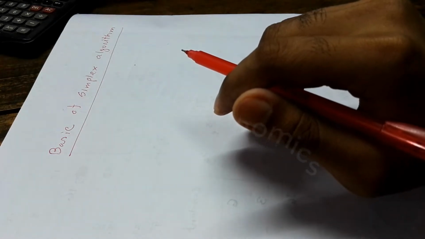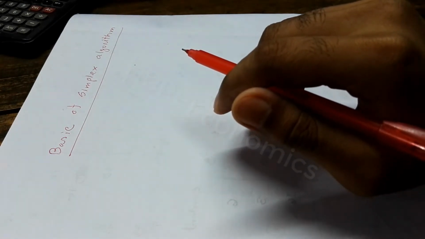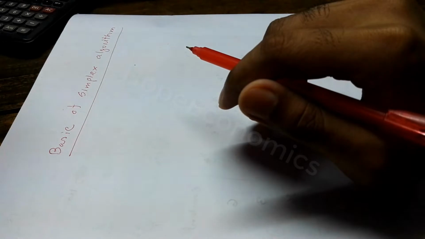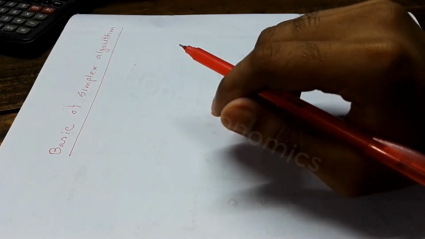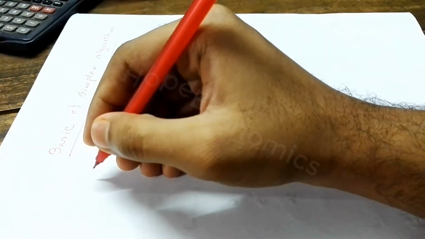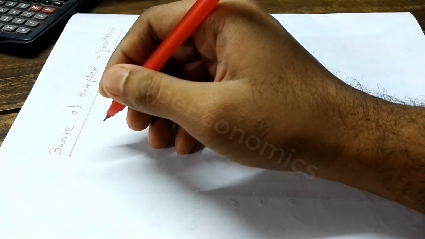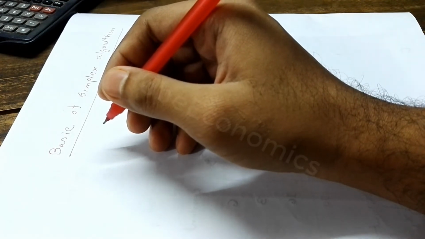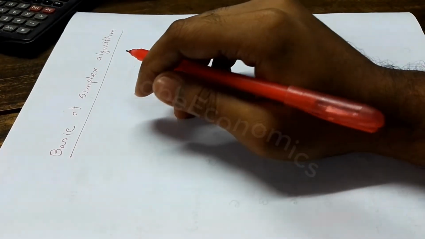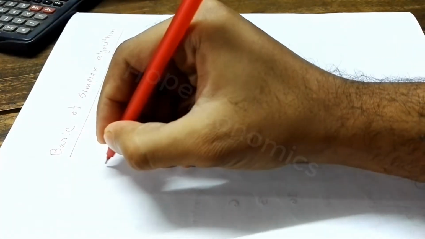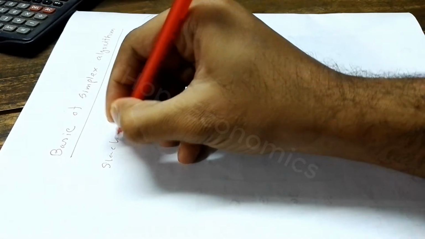The two variables we need to know are the surplus variable and the slack variable, and what these actually mean. So the first one I want to describe is the slack variable.